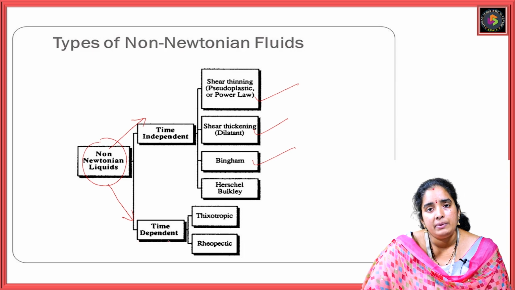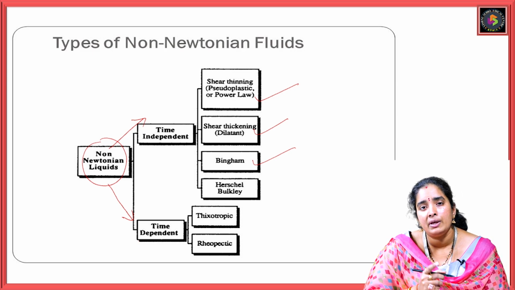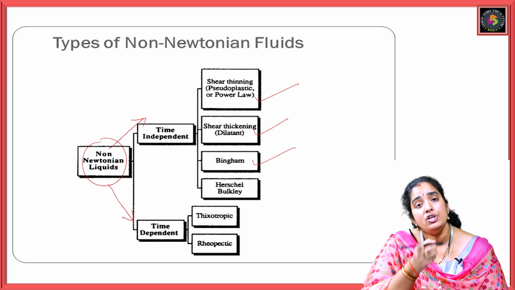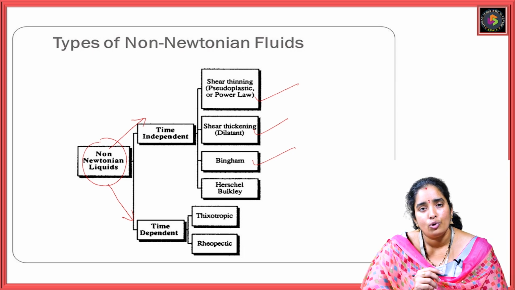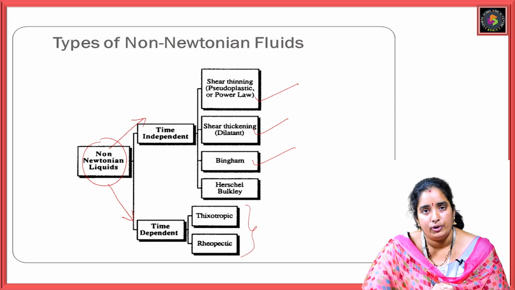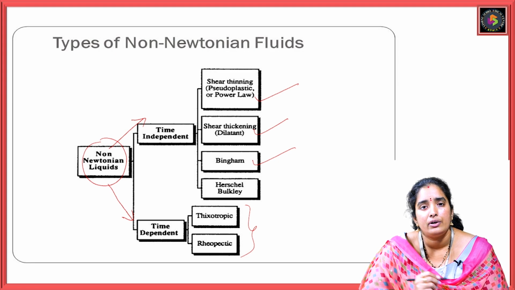Coming to the time dependent, some fluids have behavior based on their shear stress and shear rate, and in addition to that, time is also a factor in their behavior. Those types of fluids are called thixotropic and rheopectic fluids. How can we classify thixotropic and rheopectic?